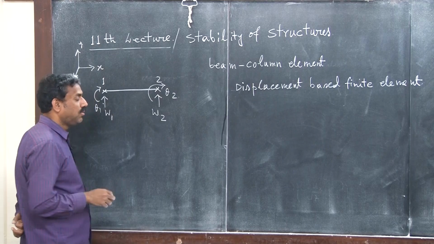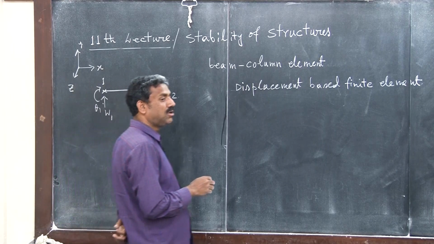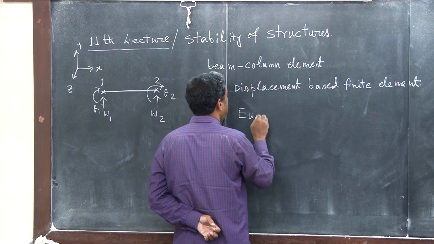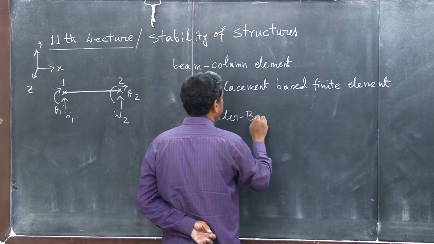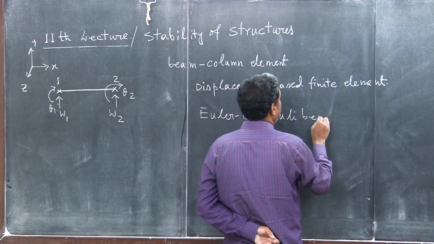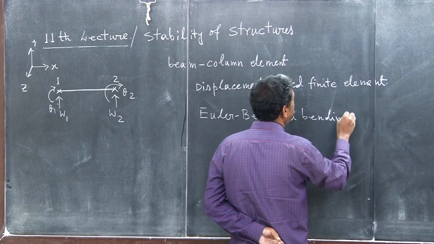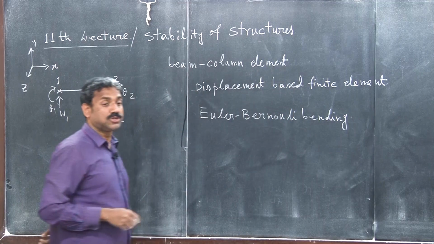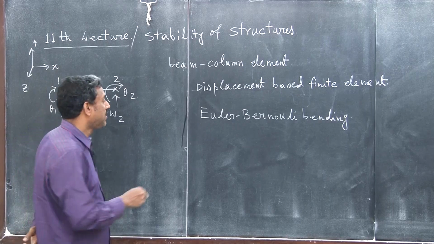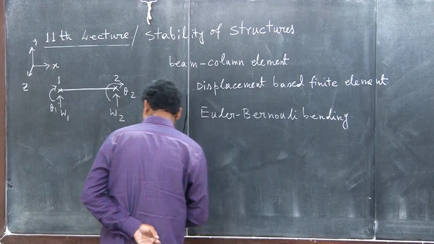Fine. Now, we are going to consider simple. We are not going to consider shear deformation. We are going to consider Euler-Bernoulli bending. But all of you are aware of the importance of shear deformation, right? We are not considering shear deformation, okay? We are going to see only Euler-Bernoulli beam bending, okay?